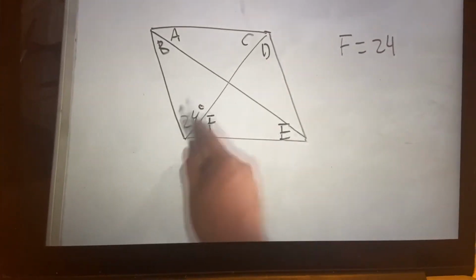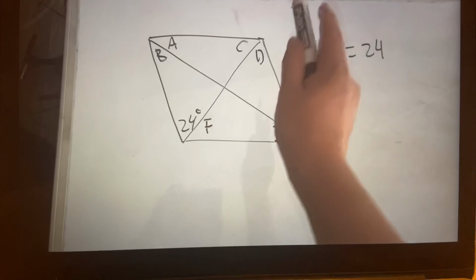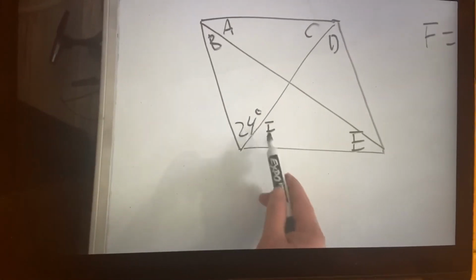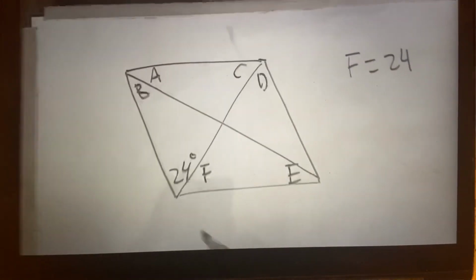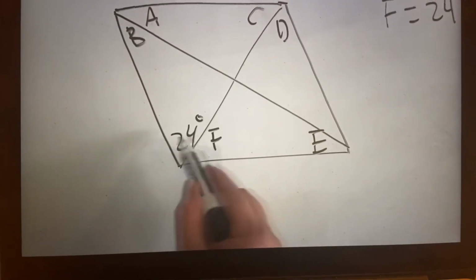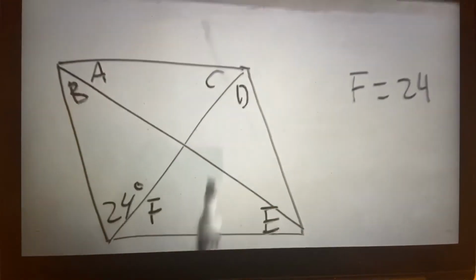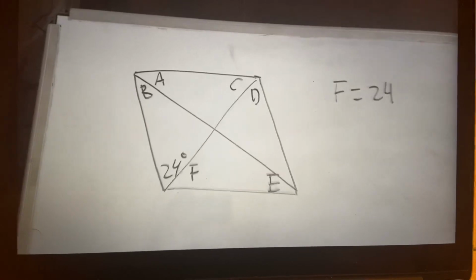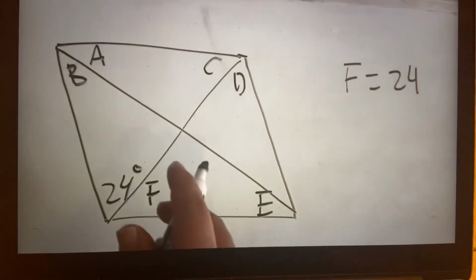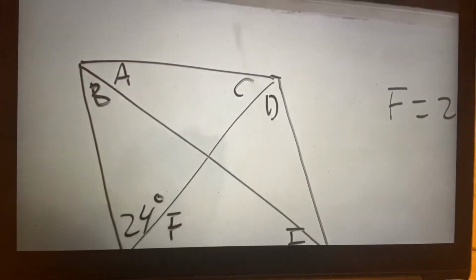And since it's a parallelogram, opposite angles are congruent. So this whole angle here is 48 degrees. All of it right here is 48 degrees, which means this angle is also 48 degrees. But then again, it's also a rhombus.